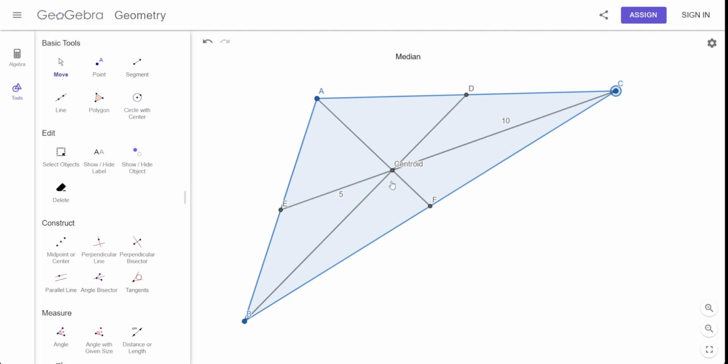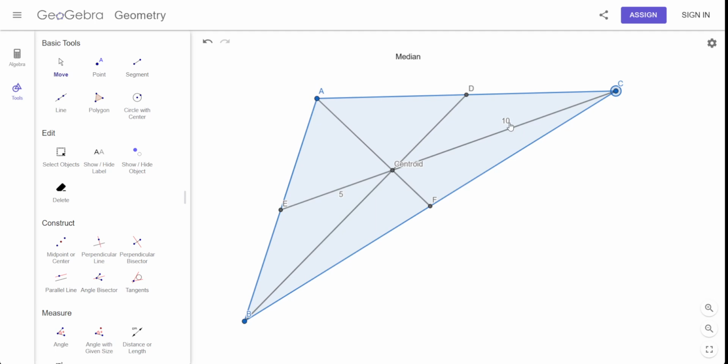So from the centroid to the midpoint is 1/3 of the whole entire thing, from E to C. But it's half of this segment right here. Are you getting this straight? Okay, so that's what they mean by the 2/3.